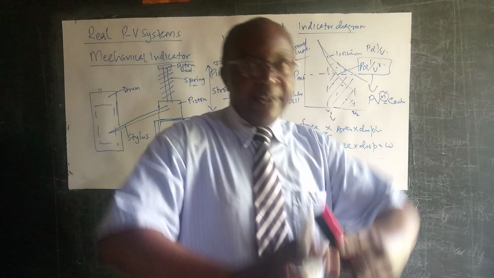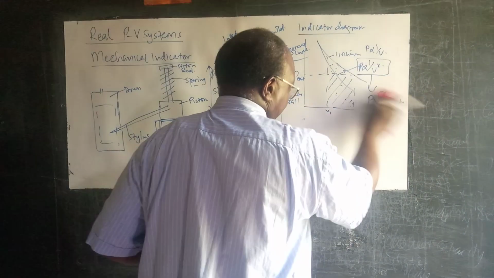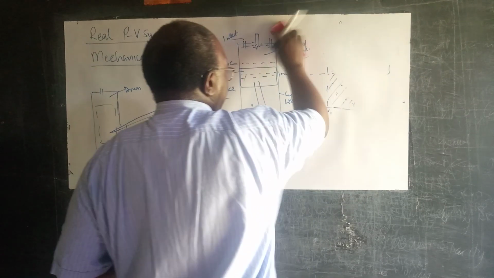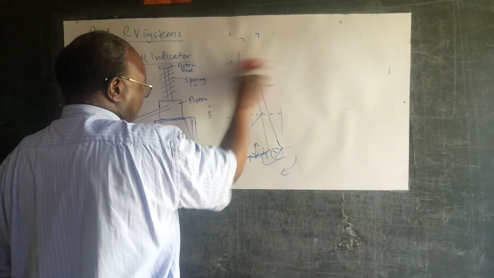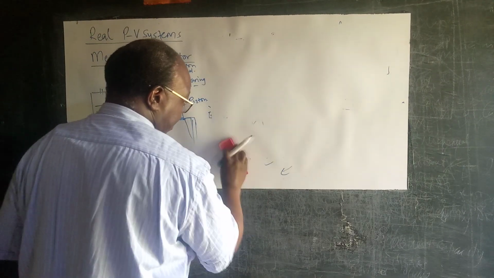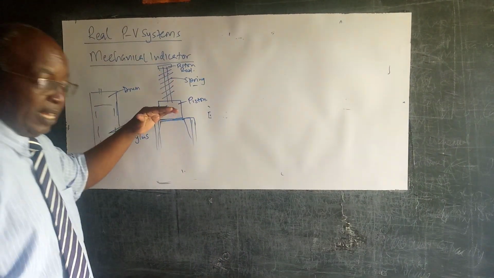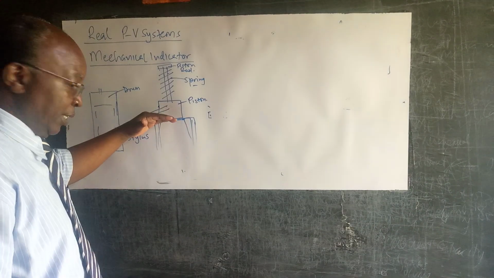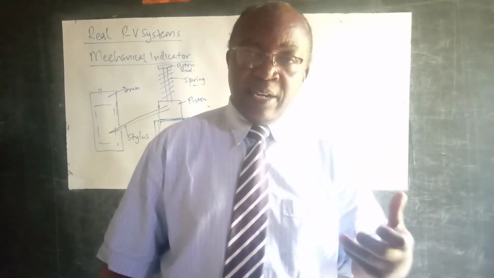Now, in reality, what kind of profile will you get when you're done with your mechanical indicator? I repeat, this is a simple piston cylinder unit where the volume of that unit is less than the clearance volume.